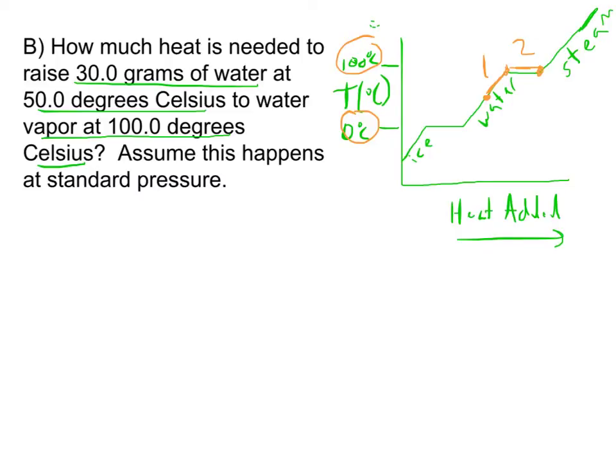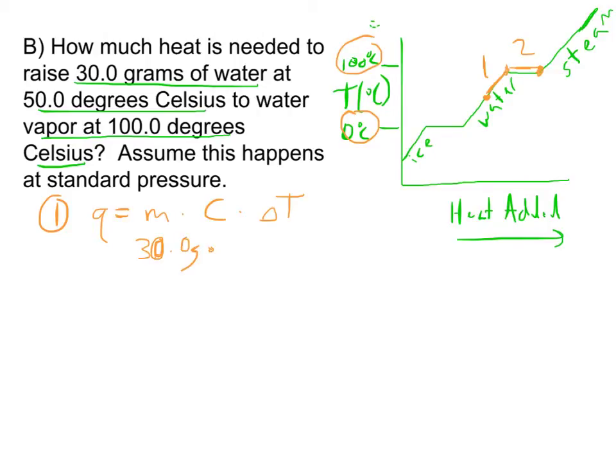For the first step, it's on a diagonal where we're just dealing with liquid water, so we can use the equation Q equals mcΔT, mass times specific heat times change in temperature. The mass of the water is 30.0 grams.